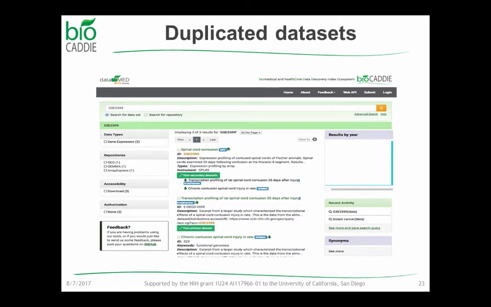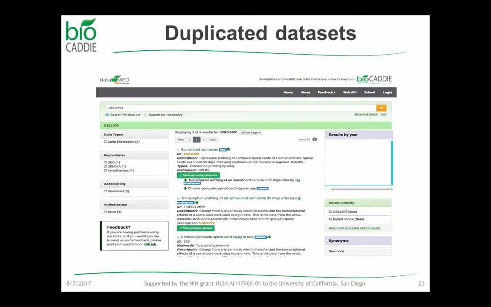And the next feature is about the duplicate data sets. I think this one will also take quite some time with Jeff's team, to work out how to represent those duplicate data sets. In this case, you search this term and find 3 data sets, and they are duplicates. So we will have one data set as a primary data set, and the other 2 as secondary data sets. If this is a primary data set, there is a button that says View Secondary Data Set.